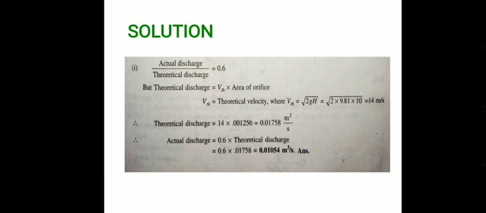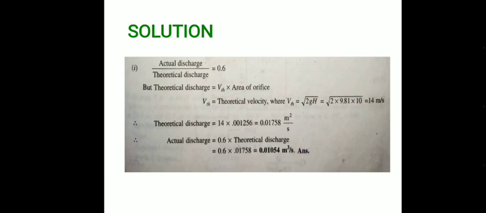For finding the theoretical velocity, we have the equation root 2gh. Substituting the value of h, we get theoretical velocity as 14 meter per second. Finally, substituting this value in this equation, we get the theoretical discharge as 0.01758 meter cube per second. It is not meter square per second, meter cube per second.